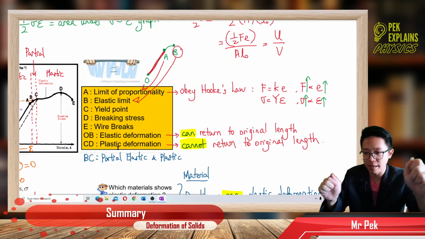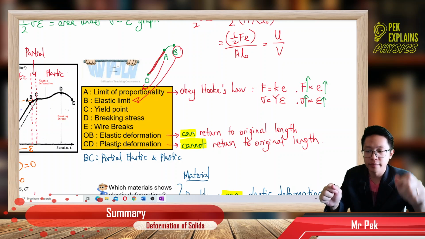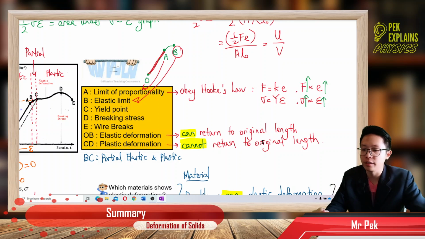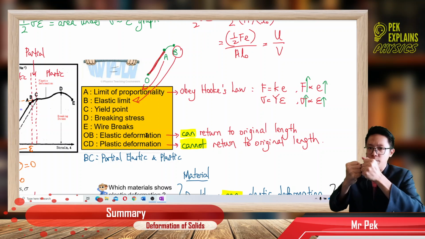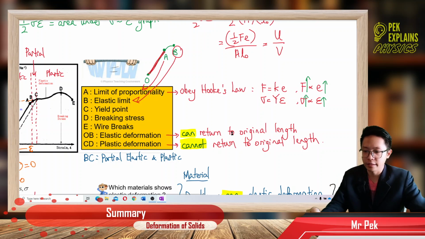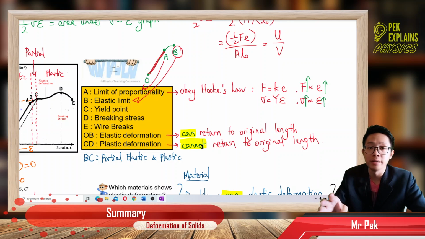When you pull the plastic bag, it elongates and cannot return to its original length. That's called plastic deformation. So elastic deformation is when you pull and release and it can return to its original length. Plastic deformation is when you pull and release, it shows permanent extension, and cannot return to its original shape or length.